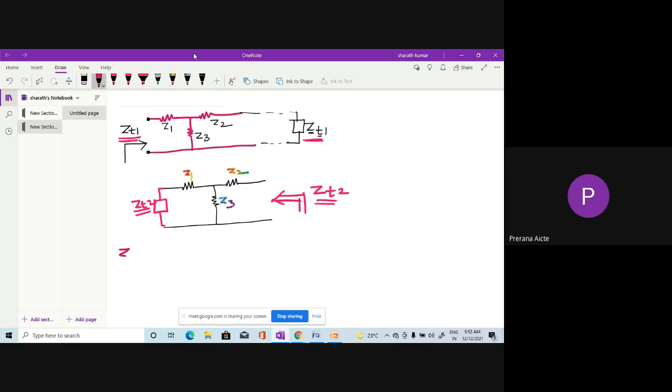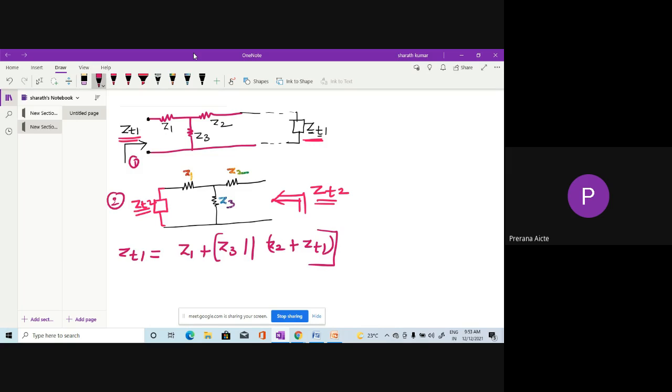So I have ZT1 for circuit 1 is equal to Z1 plus Z3 in parallel with Z2 plus ZT1, right? So this is the combination of this network. These are in parallel, again in series to this Z1.